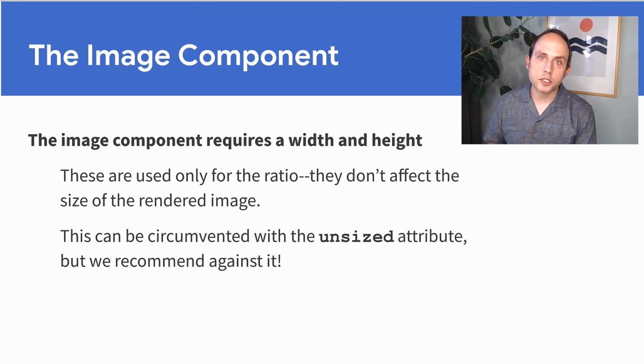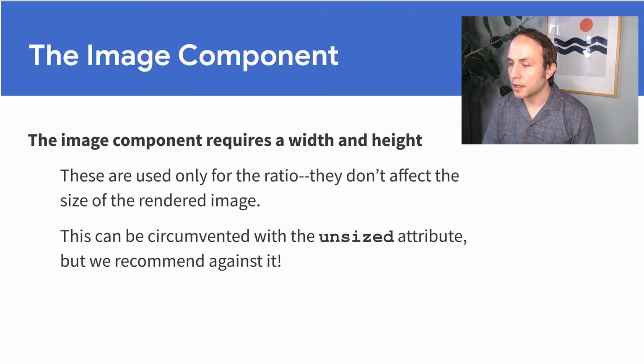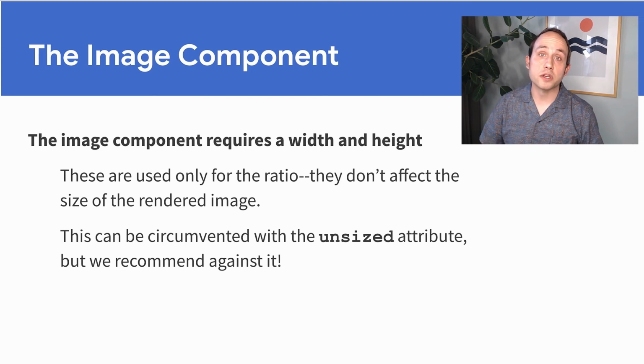Of course, we acknowledge that there are circumstances in which, for some reason, you just cannot know at authoring time how big an image is going to be. There is another attribute called unsized that you can add that will basically turn off the requirement that you size your images, but we essentially recommend that you do this as little as possible. Your users will thank you for it.